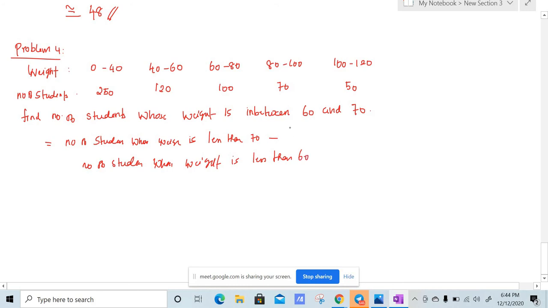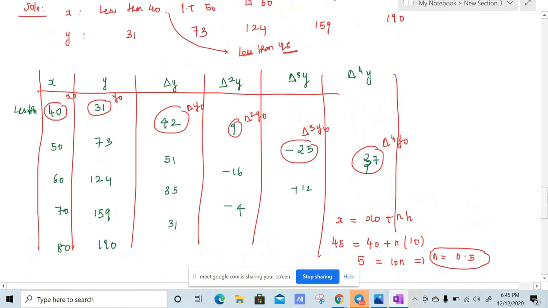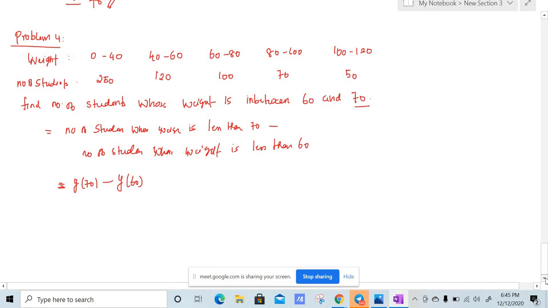That's it, right? So in order to find the number in between 60 and 70, you need to find the number of students whose weight is less than 70 and the number whose weight is less than 60. So you just find y of 70 minus y of 60, where y of x is the number of students whose weight is less than x. So again we need to find y of 70 as well as y of 60. To find them, we should go by the previous problem.